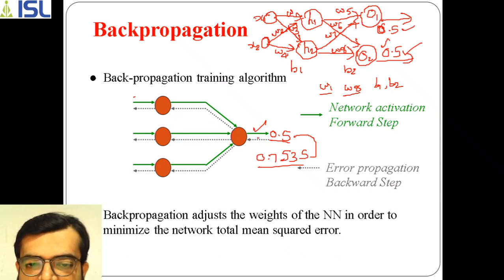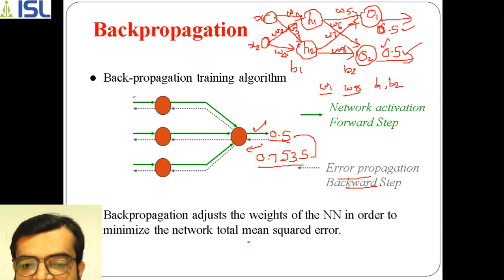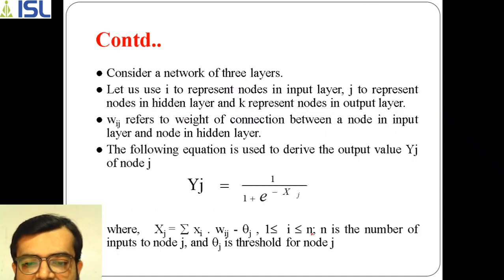So I have to go back again to reduce the error in the given output value. This step is called the error backpropagation, or propagation backward step, and it is used to adjust the weights, w1 to w8. For every weight we need to adjust in order to minimize the network's total mean squared error. I will let you know what that is.